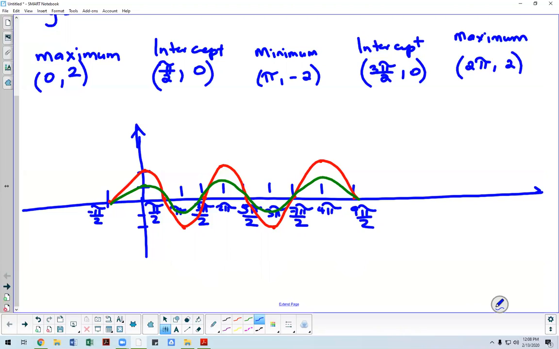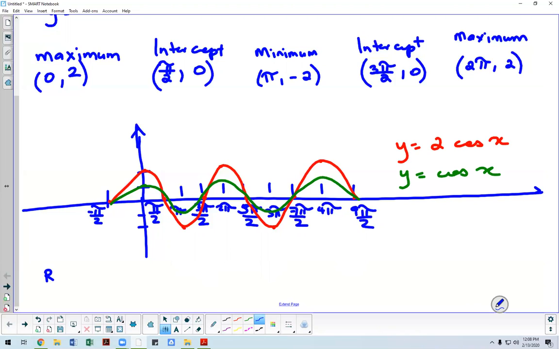Okay, so in green, you have the cosine function, and then in red, we have the 2 times cosine of x function. So in this case, how does the range of your function change? The range goes from -1 to 1, it goes from -2 to 2.